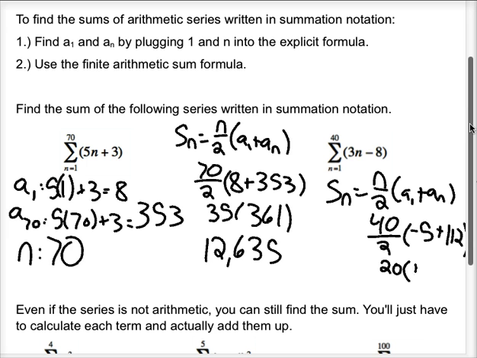So you get 20 times 107. So you get 2,140 as your answer. So again, don't memorize formulas. Learn the process. The formulas will be given to you.